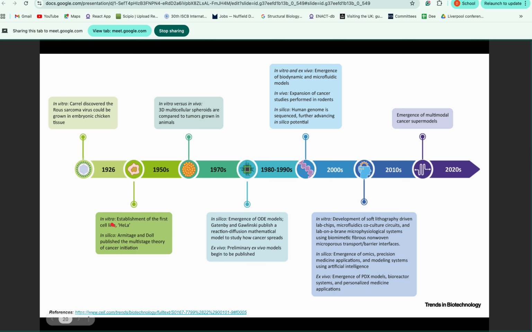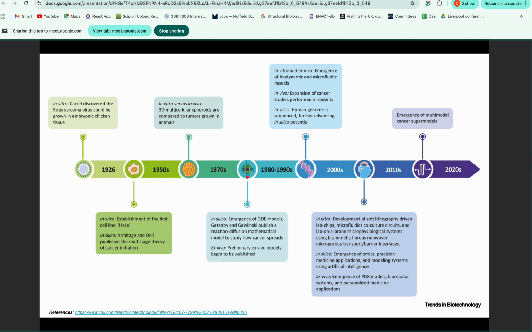Similarly, as we have discussed, in vitro establishment of the first cell line HeLa, and in silico Armitage and Doll published the multi-stage theory of cancer initiation. In the 1960s, in vitro versus in vivo, 3D multicellular spheroids were compared to the tumor grown in animals.